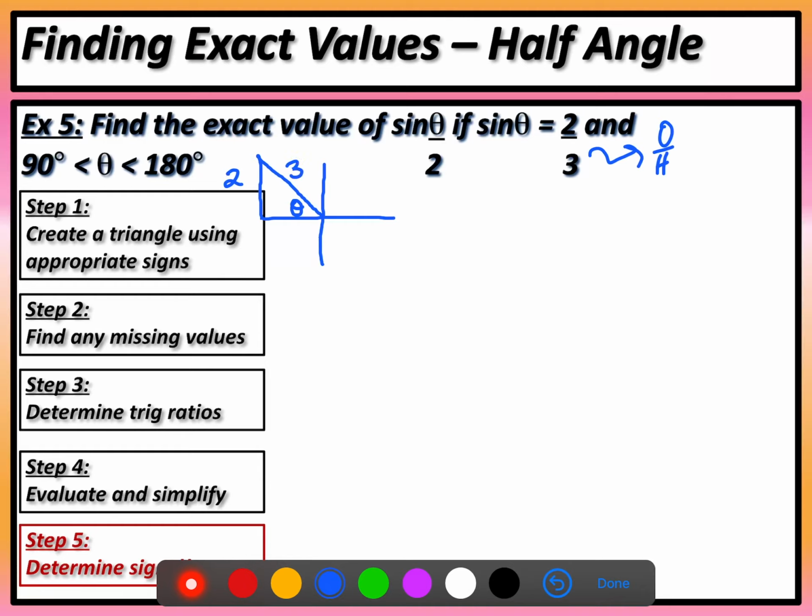My missing side has to be minus square root of 5, because that's the negative x-axis over there. All right, so now I'm solving for sine of theta over 2. So using my trig identity, it's plus or minus the square root of (1 minus cosine theta) over 2.